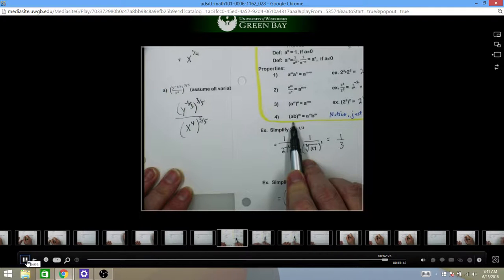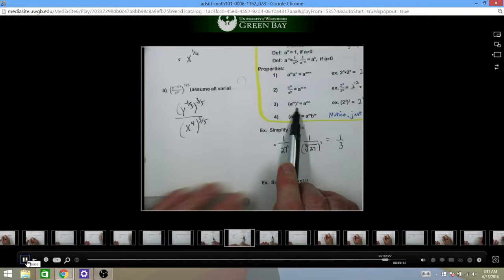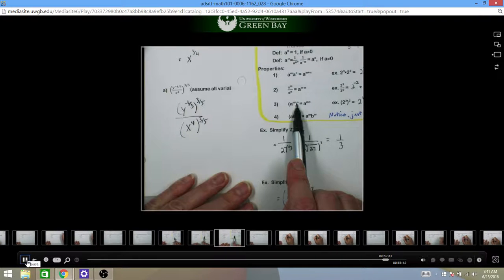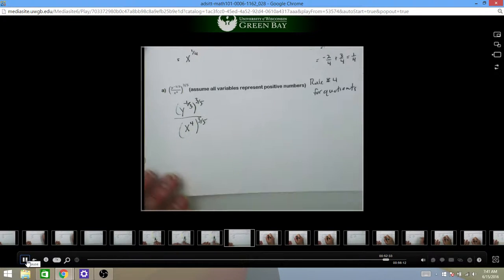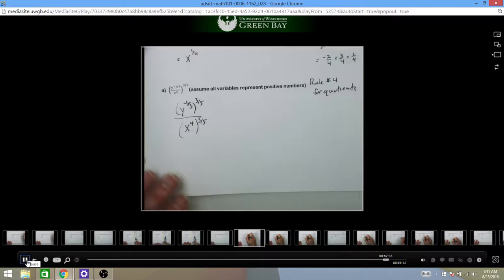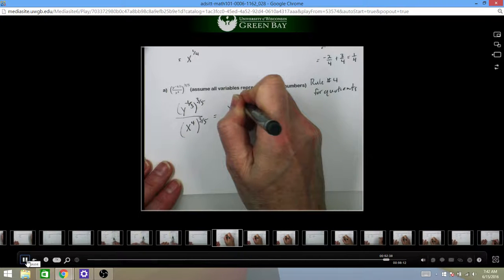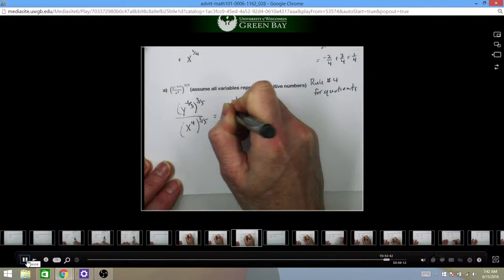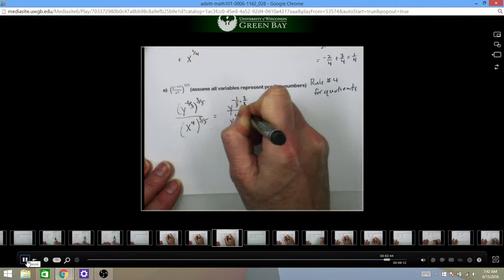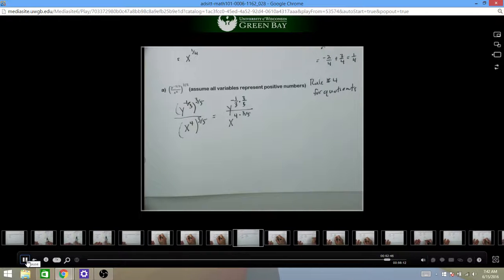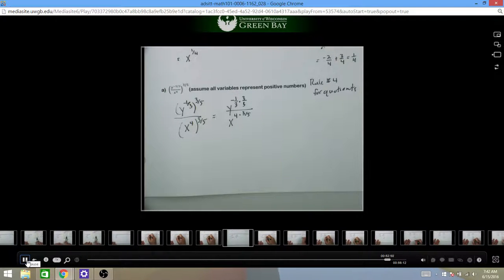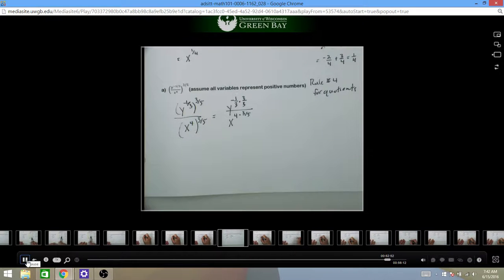Then we can use the rule number 3 that says multiply the exponents. Okay, so multiply the outside exponent times the inside exponent. Remember, multiplying fractions is nicer than adding. You don't have to have the same denominators, and you just multiply the tops together and multiply the bottoms together.